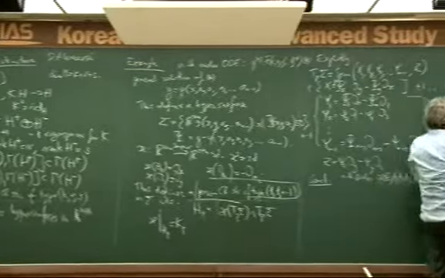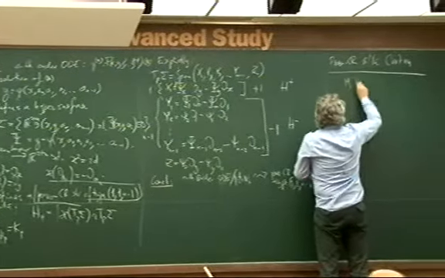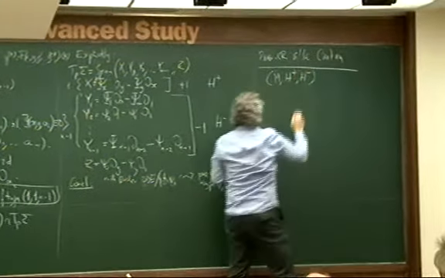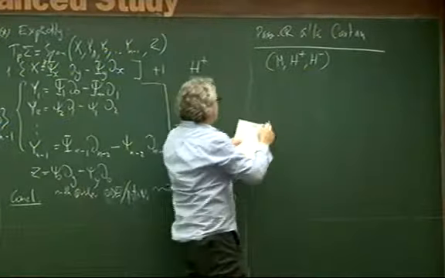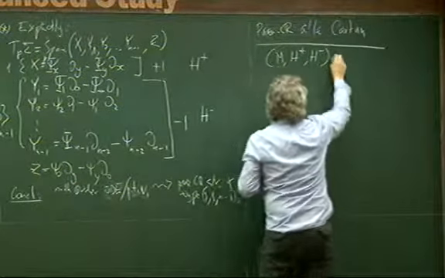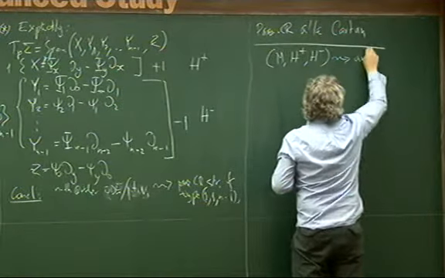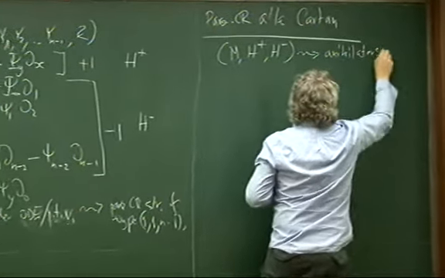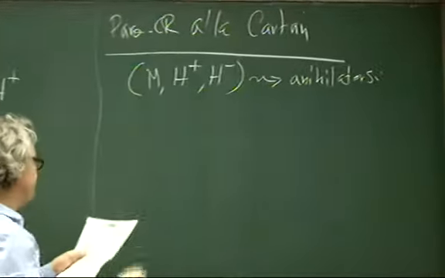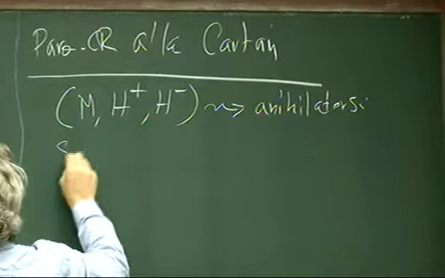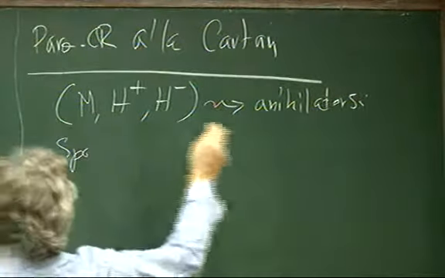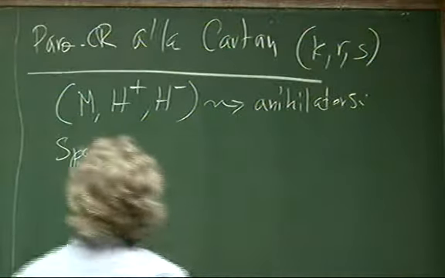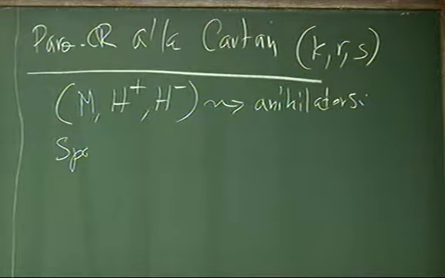So given a para-CR structure of type K, R, S, we now pass from H plus and H minus to its annihilators. So now I consider annihilators.